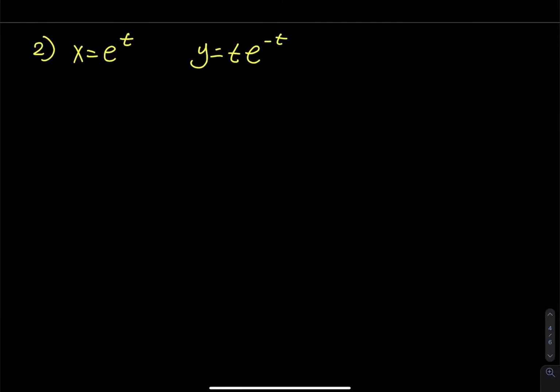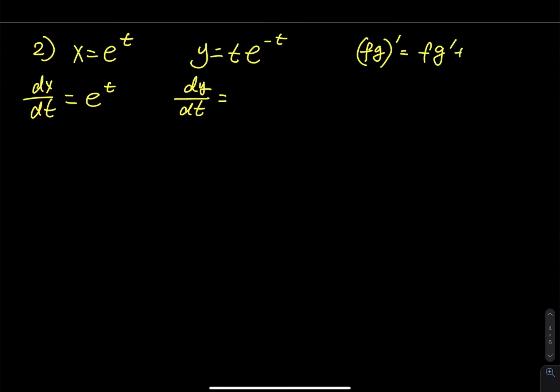First of all, derivative. So the derivative of e to the t is, guess what? Remember your differential calculus, it is still e to the t. And then the derivative of y with respect to t. This one would be a product rule. So with the product rule, you have two functions, the product, take the derivative of that. That is f g prime plus g f prime.